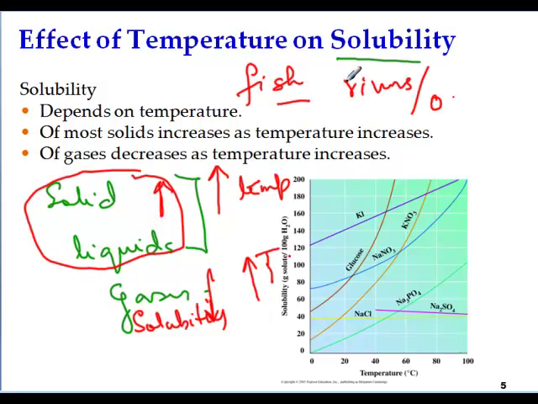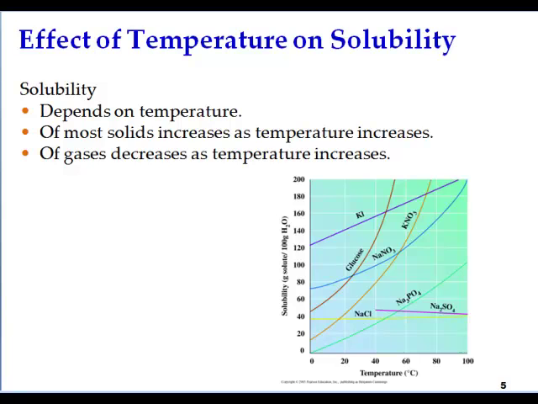This is because oxygen is a gas and it's present in water, but with increased temperature, the dissolved oxygen escapes out of the river, and there is less concentration of oxygen in the water, and the fish die. So gases, on the other hand, do decrease in solubility as temperature increases. Another example would be a soda can. If you leave soda cans or soda bottles outside, you get rid of all the fizz, and there's hardly much taste in your soda pops.